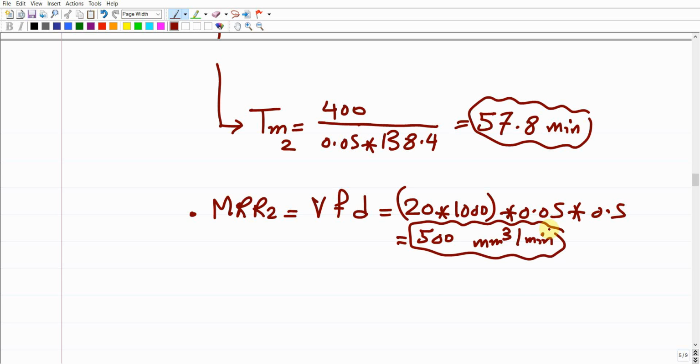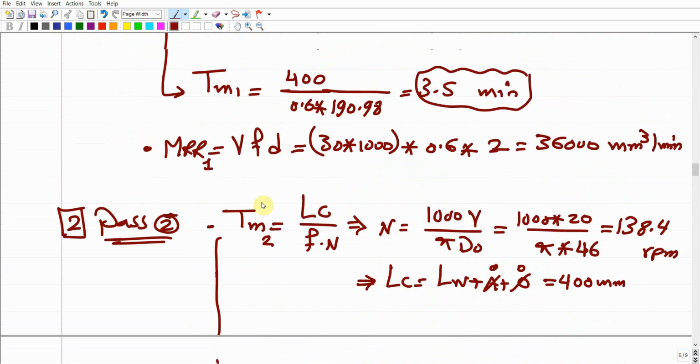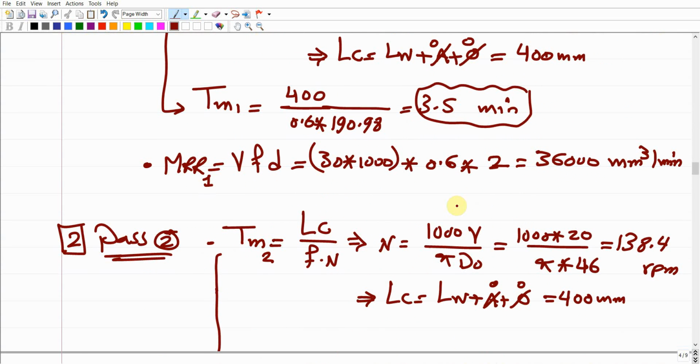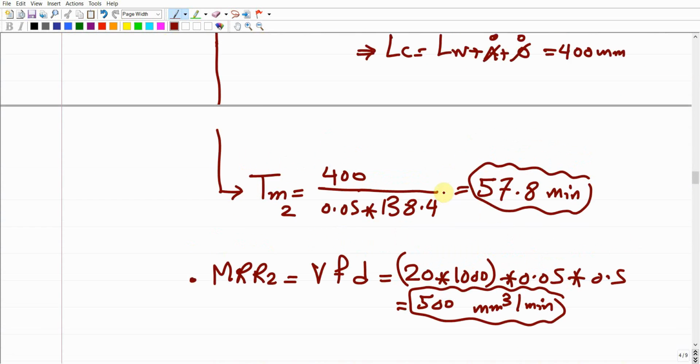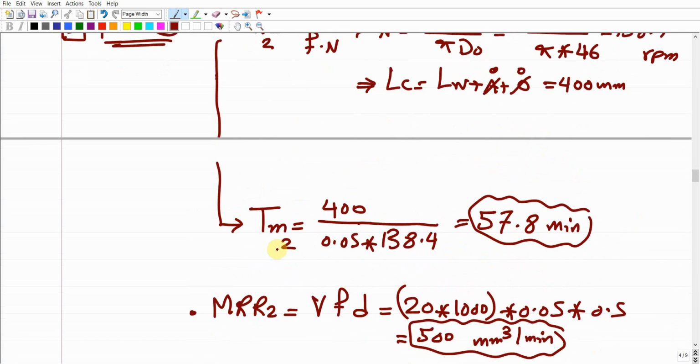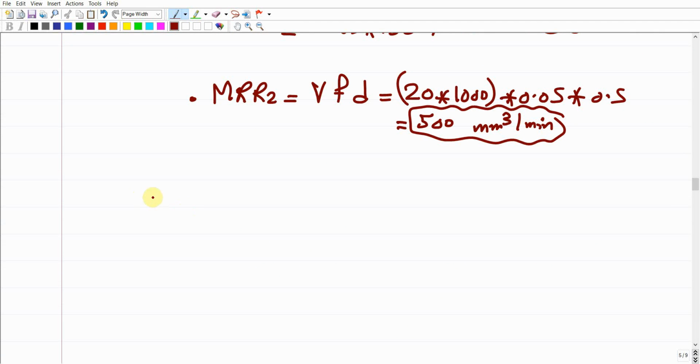So since we do have in the first pass TM1 with 3.5 minutes and the meter removal rate with this value, and this is the meter removal rate for the second pass, and this is the machining time 57.8 minutes for the second pass, the question is, what should be the total machining time of the entire turning operation? We're still working over two passes, but over the same turning operation.